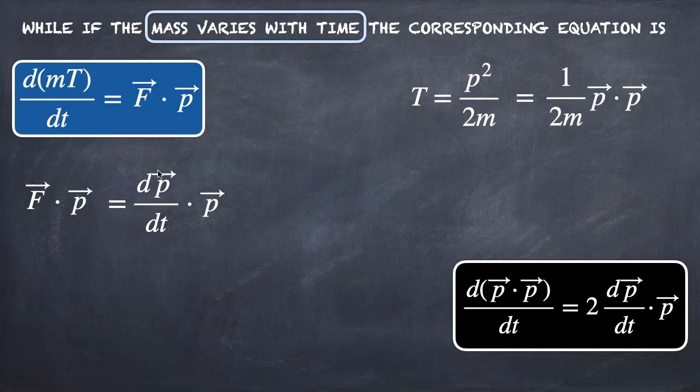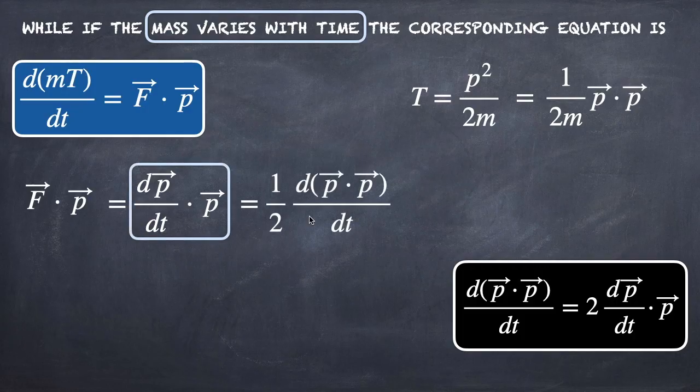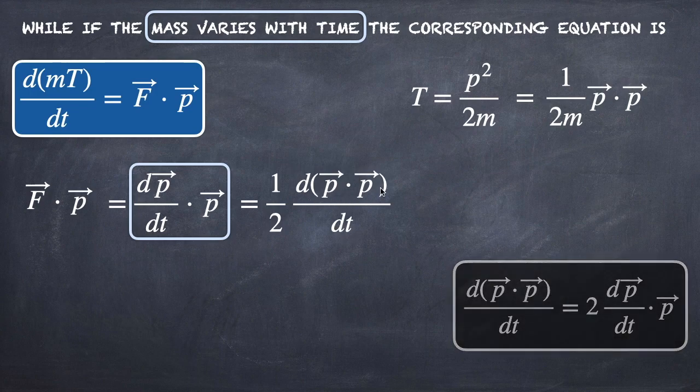So since we have this term here, which is the same as this one except for the 2, this is going to be 1 over 2 and the time derivative of this product.